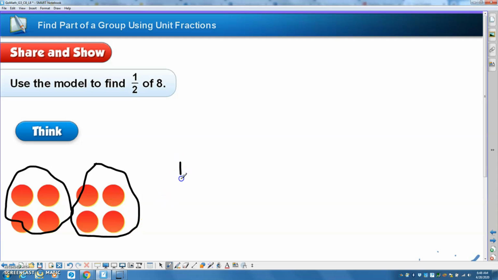So if I were to say 1/2 of 8, that was a hard one, that would equal the number of counters in one group, so that would be 4. So 1/2 of 8, that's one group, is 4.